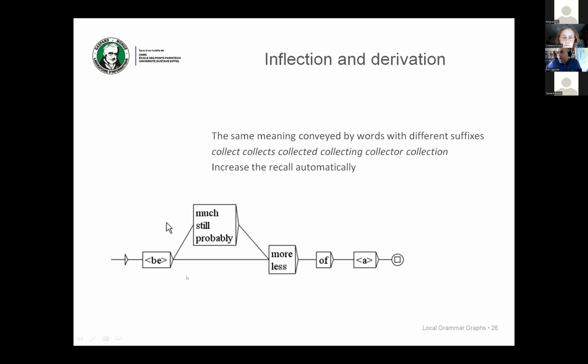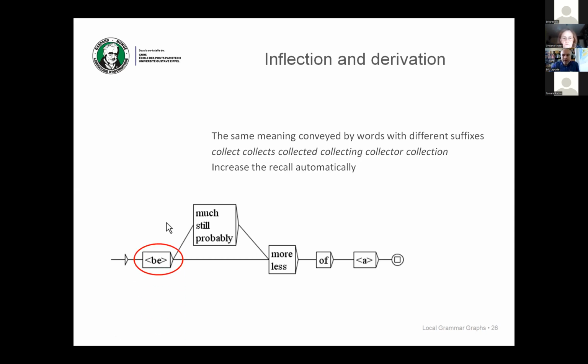This is because Unitex is based on dictionaries, and we are using a dictionary that says that is, was, and be are forms of the lemma be. So by inserting the angles, I specify that what is targeted by the query is not only the lemma be as a form, but all the inflected forms of the lemma be.